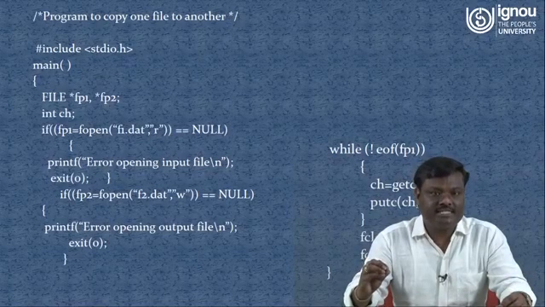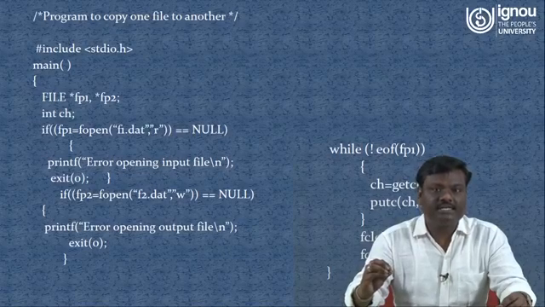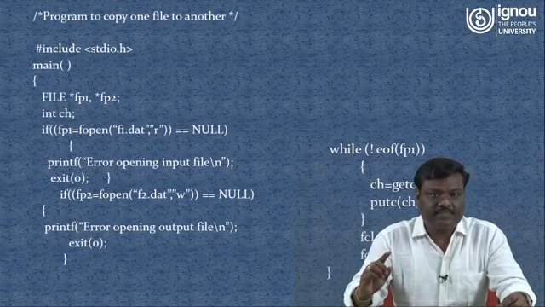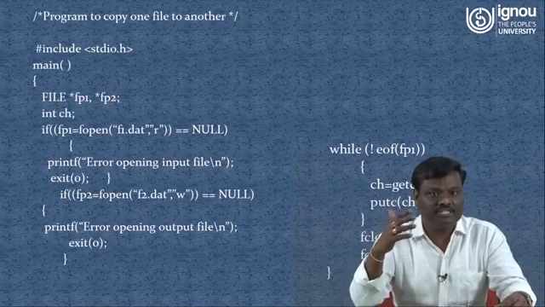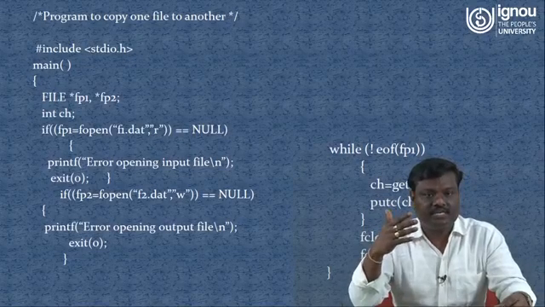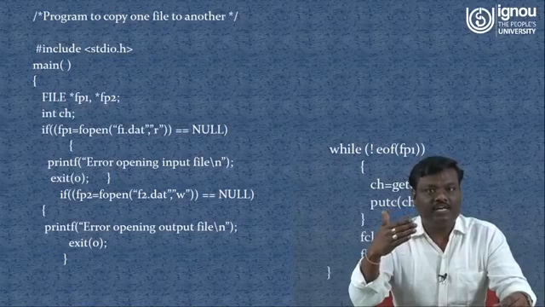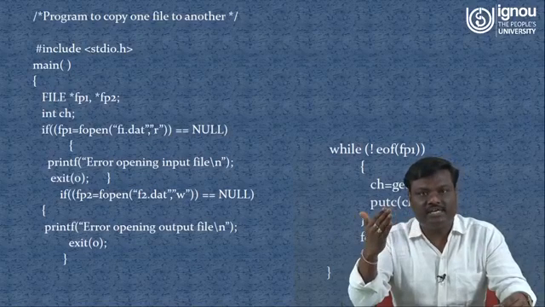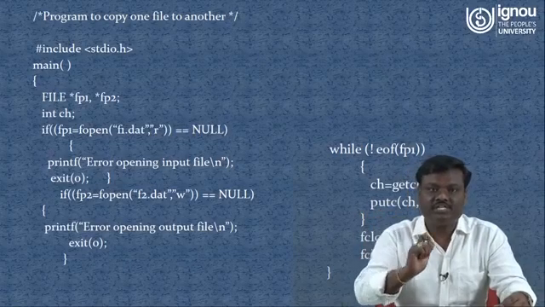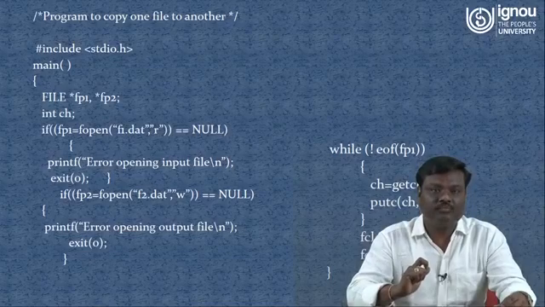If it exists, then if fp2 is equal to fopen, that file we are also opening, and we check both files. If the files are available, it proceeds to execute the while statement. Otherwise, it displays the message error opening input file or error opening output file.